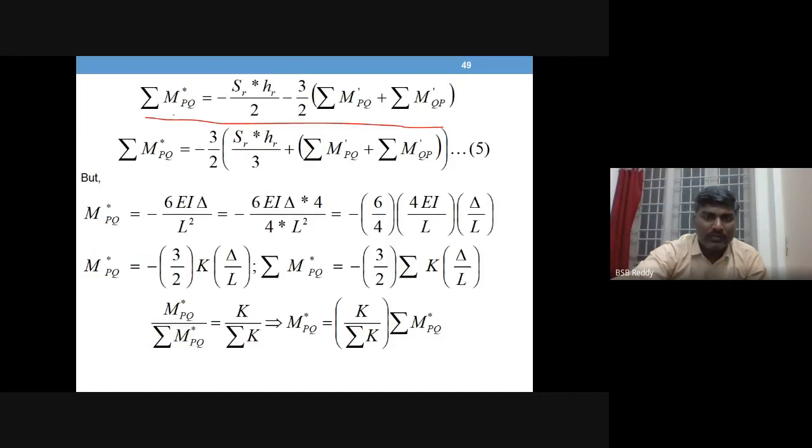You see minus 3 by 2. This minus 3 by 2, I'm taking it outside. So what do I need here? I need 3, so I multiply with 3 and divide by 3. Minus 3 divided by 2 is outside.